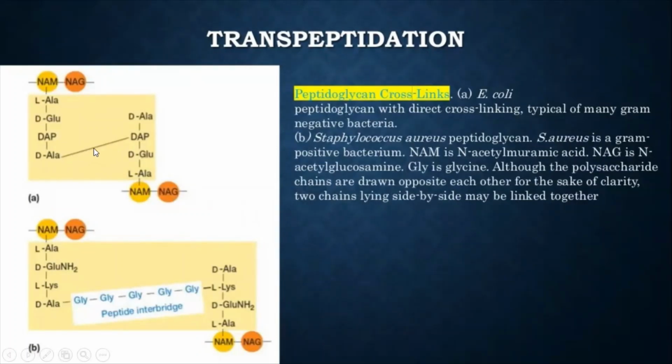It's again a peptide; this cross-linking is also a peptide. Now coming to gram-positive, here again only glycine is used to make the cross-linking between the two chains of the peptidoglycan. So in gram-negative and gram-positive, this inter cross-linking is different.